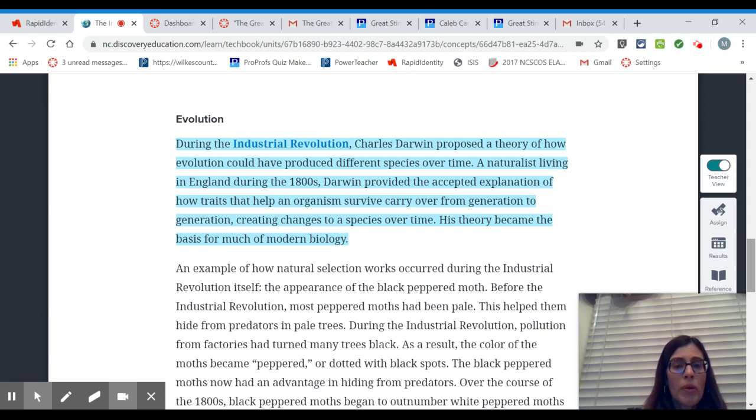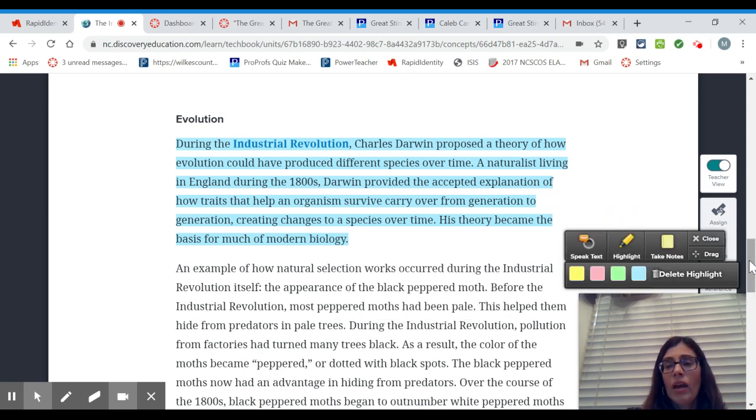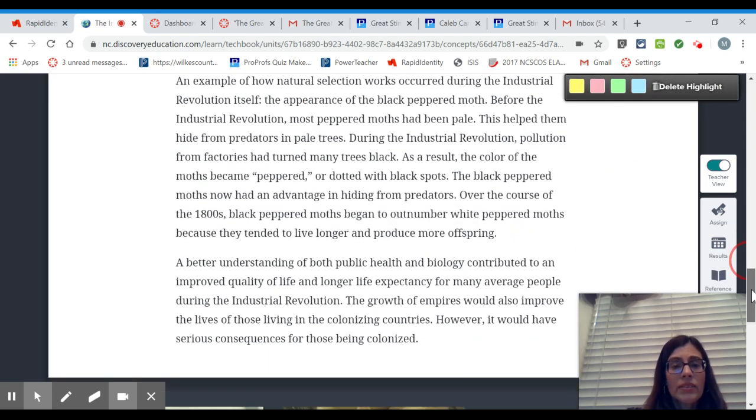So just remember that natural selection is, well, I'll just read what Darwin says: the accepted explanation of how traits help an organism survive as they evolve. So I'm not going to get into that section very much.